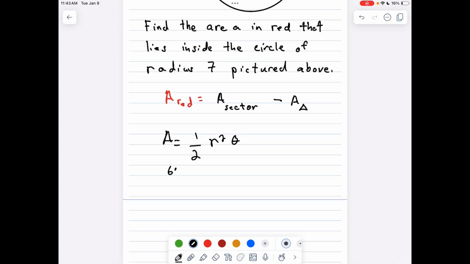Well, 65 degrees times pi over 180 degrees would be 65 pi over 180. You could reduce this by 5. 5 goes into 65 13 times. 5 goes into 180, I'm sorry, 36 times. So 13 pi over 36 radians is what 65 degrees is equivalent to.